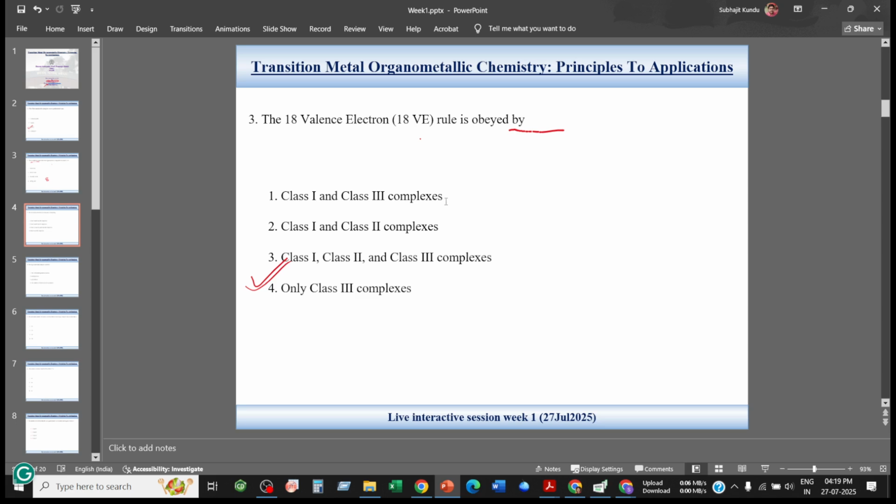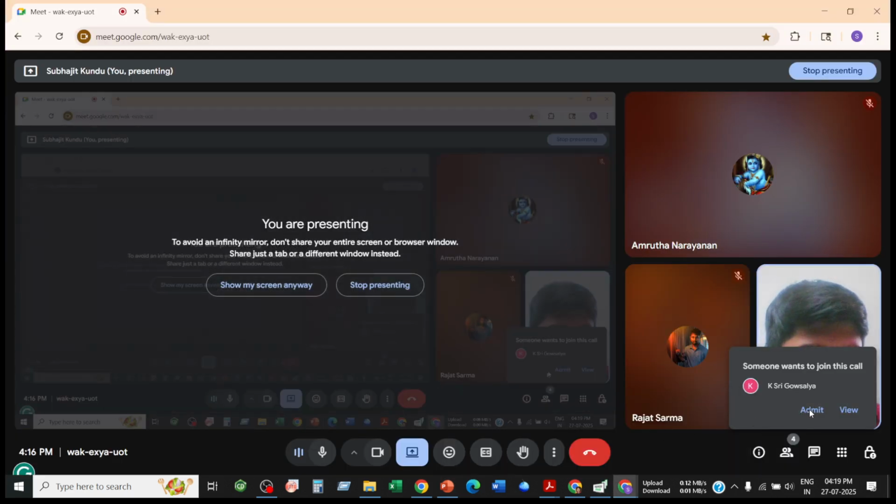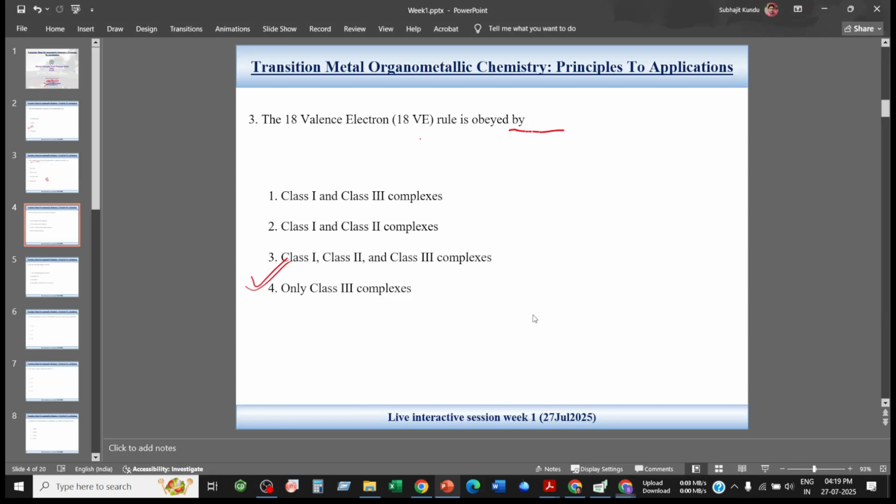Okay, I know it is difficult to say the answer because the idea of this class 1, 2, 3 is not that very clear. So for the class 1 complexes, class 1 complexes have the valence electron which is not 18 but any value.